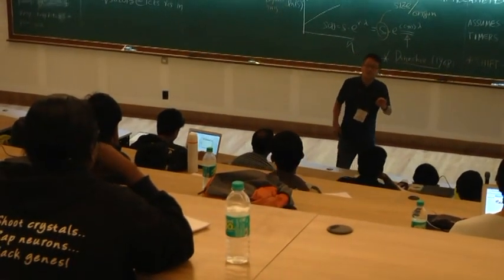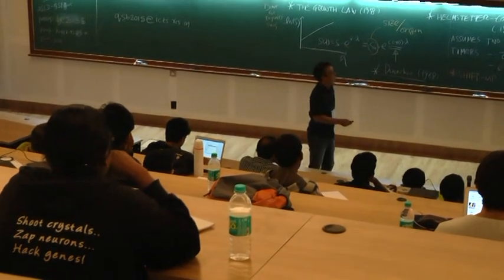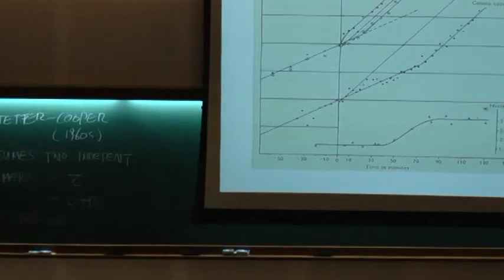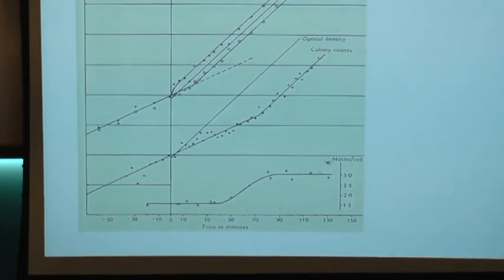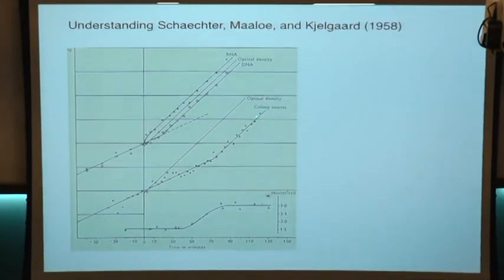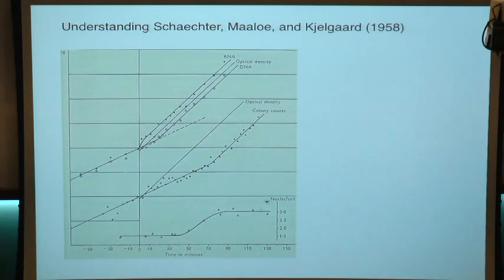So to simplify your question, what did they exactly measure in 1958? And the answer is here. The first thing they measured, from the top, was the RNA content, then the DNA content, and then the number of cells by counting colonies. But proteins are not there.